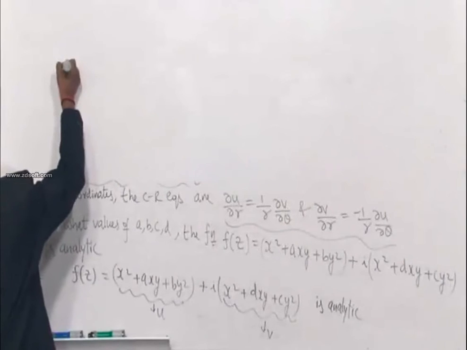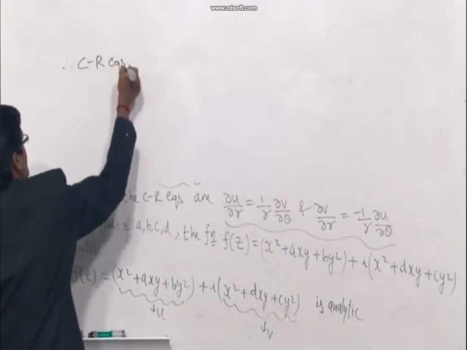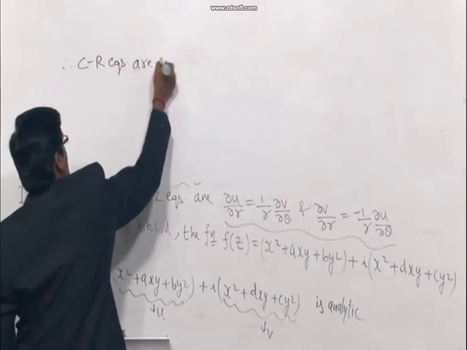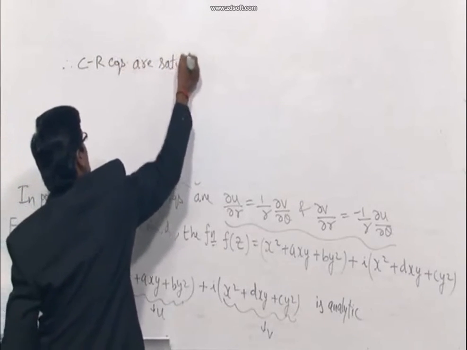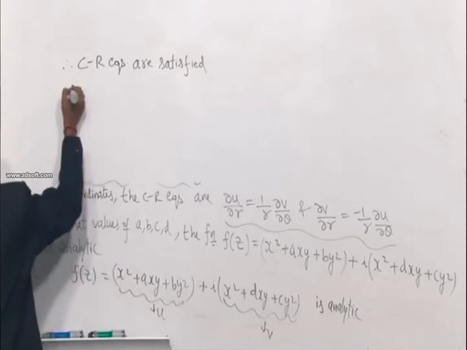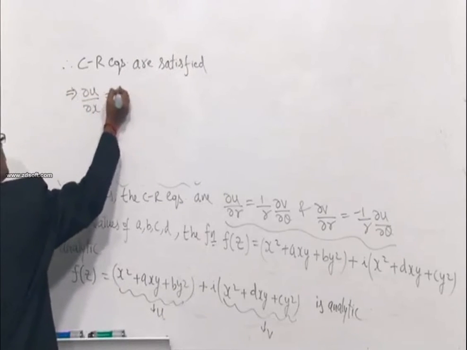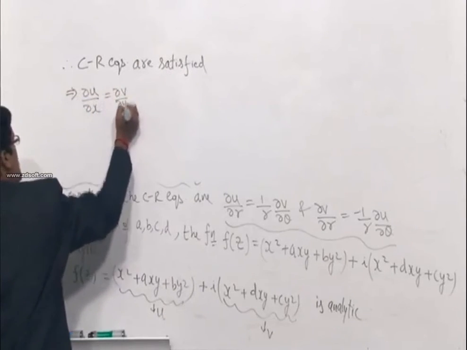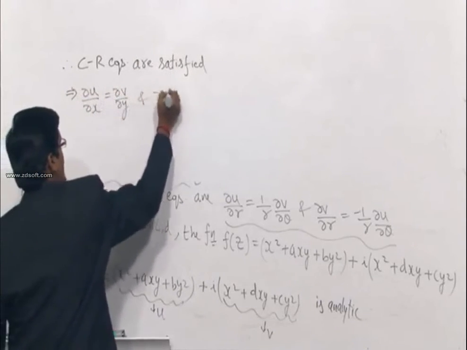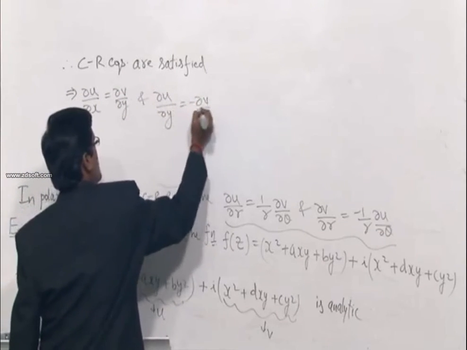Therefore, CR equations are satisfied. What are CR equations in x comma y coordinates? Implies dou u by dou x is equal to dou v by dou y and dou u by dou y is equal to minus dou v by dou x.